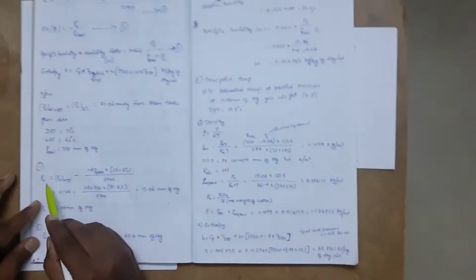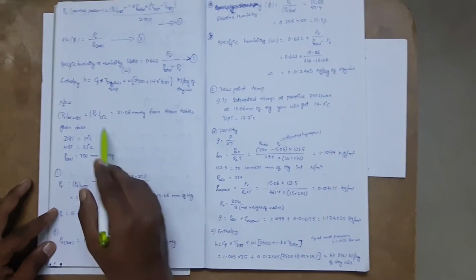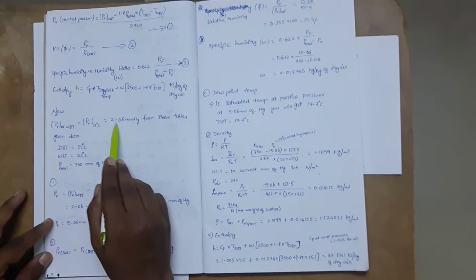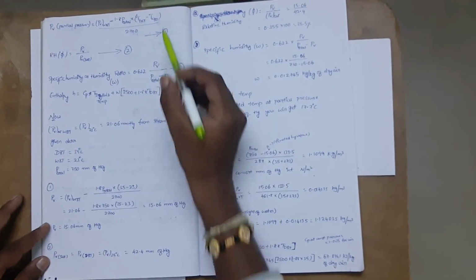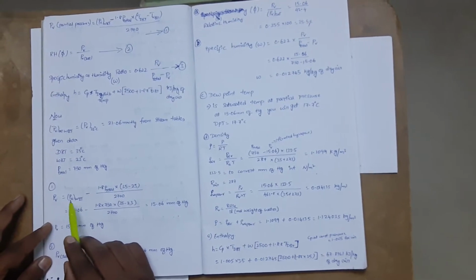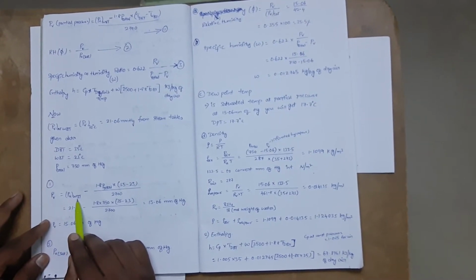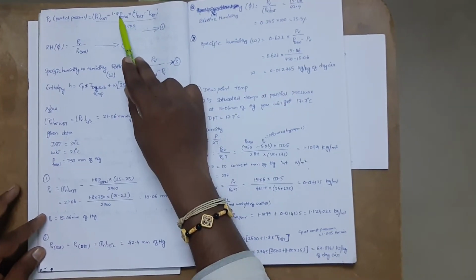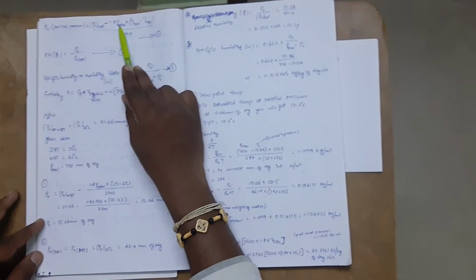Then PV is equal to, now we have the PV at wet bulb temperature value. Substitute this value in equation 1. PV, the partial pressure, is equal to partial pressure at wet bulb temperature minus 1.8 into P total.